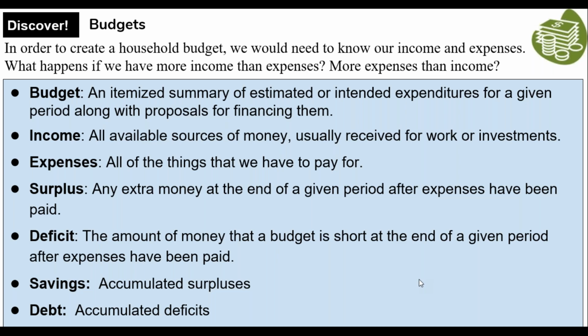So that my budget fell short that month. Savings, any accumulated surpluses, and debt, accumulated deficits. Okay, so understanding these basic definitions is going to help us talk about our federal budget here.